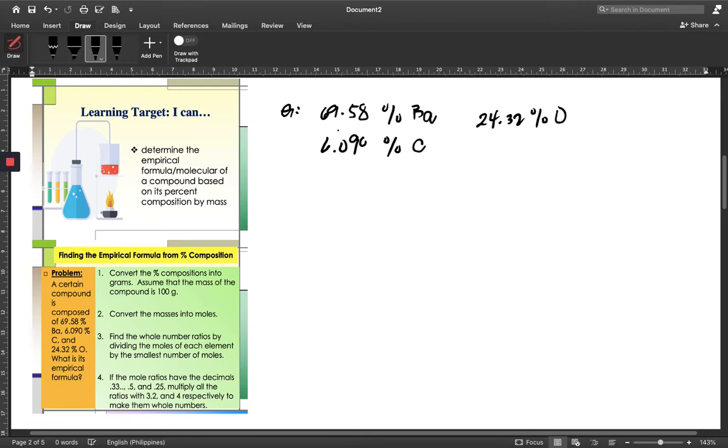Given these mass percentages, we are asked to find our empirical formula. So our required is our empirical formula, which we can abbreviate as EF.